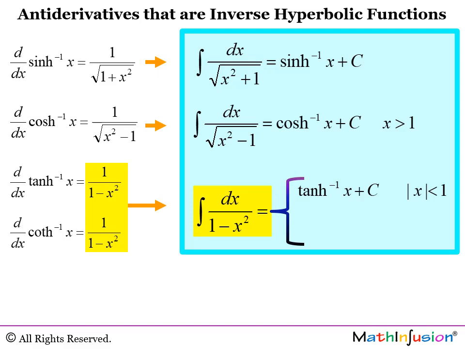If x in absolute value is less than 1, then this is the inverse tangent hyperbolic x plus c. And if x is more than 1, then this is the inverse cotangent hyperbolic x plus c. When x is 1, this is not defined because, again, there is a 0 in the denominator. The restrictions for those values of x are because of the domains of the two functions.